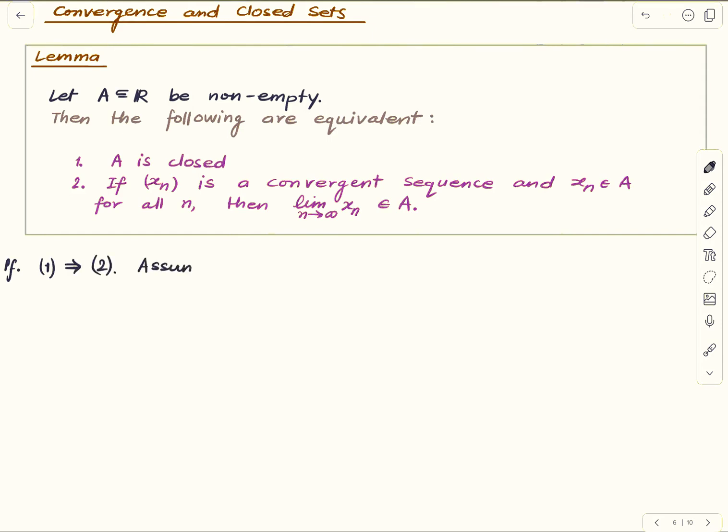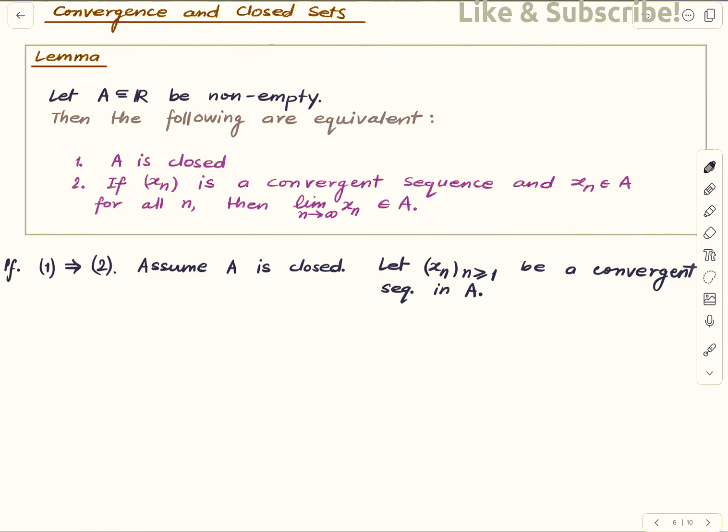So assume A is closed, and let Xn be a convergent sequence in A. So we have a convergent sequence in A, and we want to show that the limit of this sequence is in A. All right, so let's say X is the limit of the sequence, just a notation, and we want to show that X is in A.